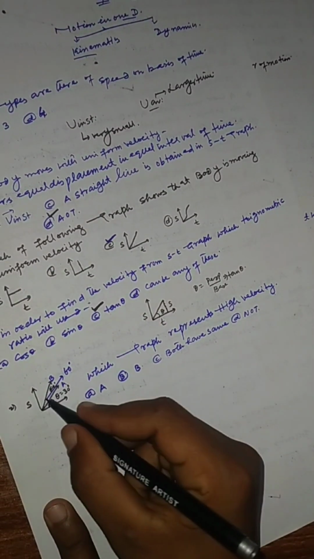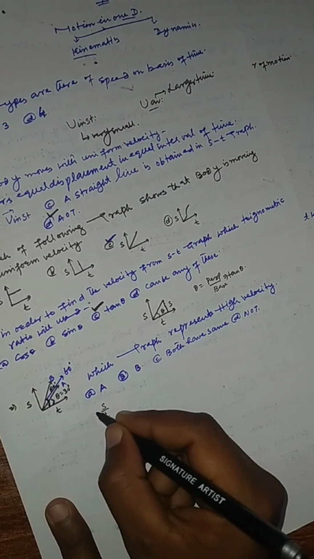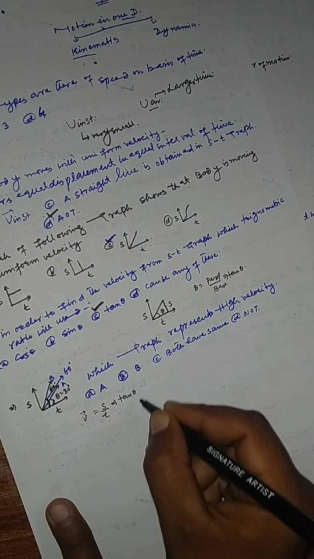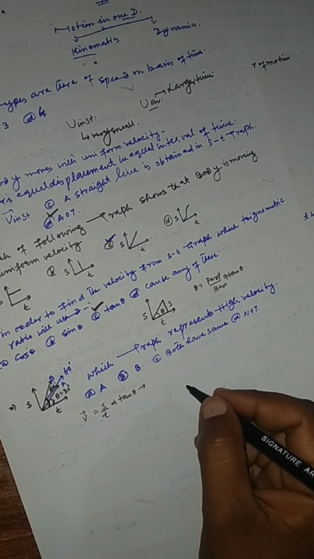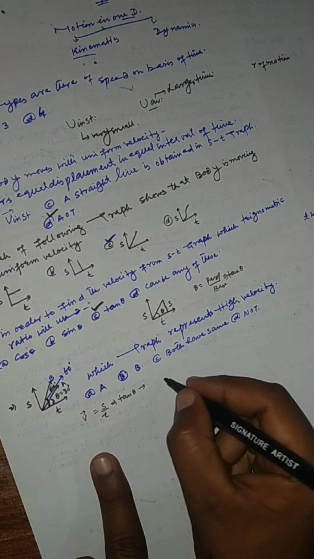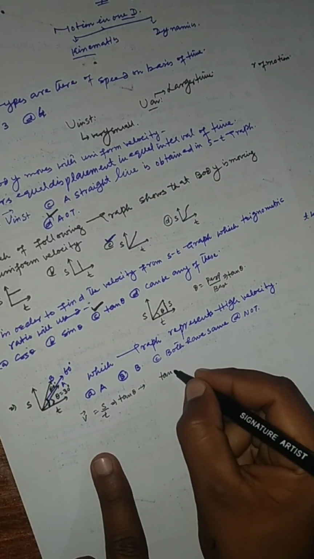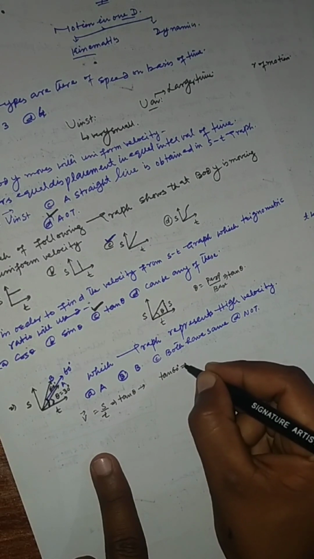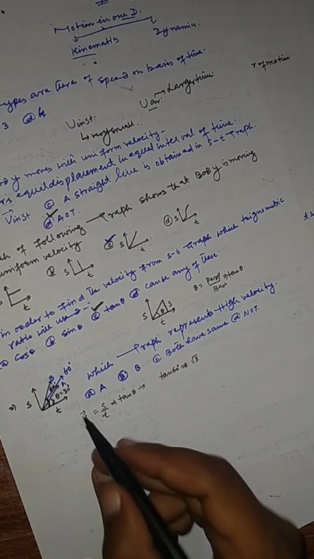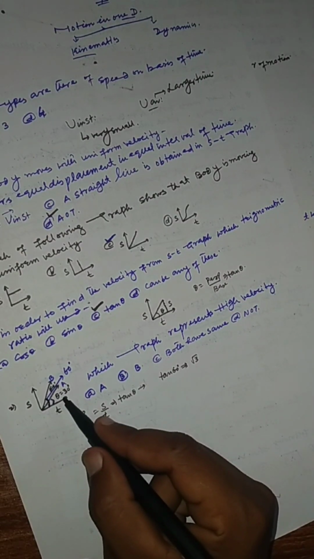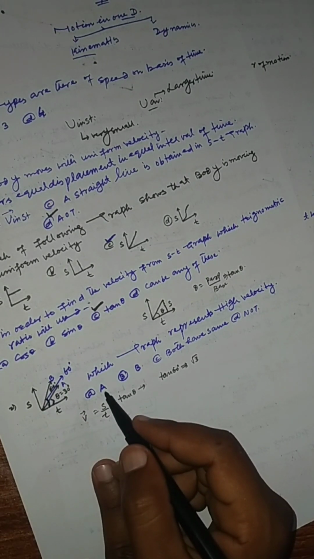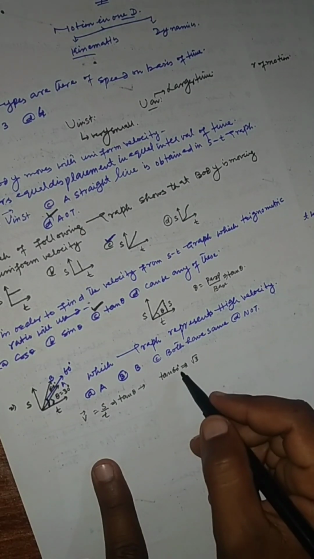High velocity: as we know, the gradient or slope of the ST graph gives the velocity, which is equal to tan theta. We have to calculate theta, this is 30, this is 60. So tan 60 will be equal to radical 3, and tan 30 will be less than this value.